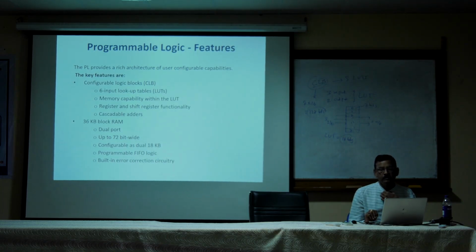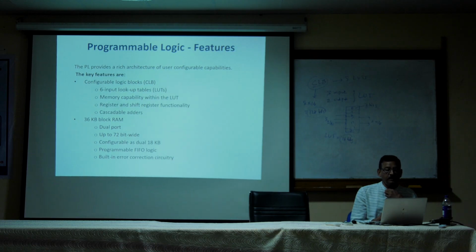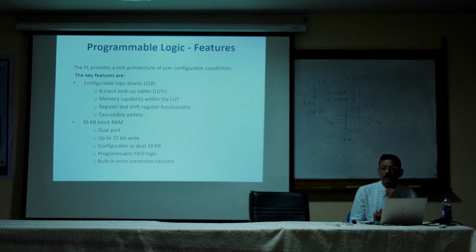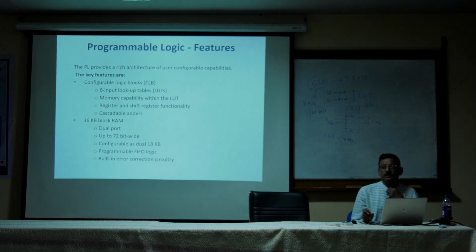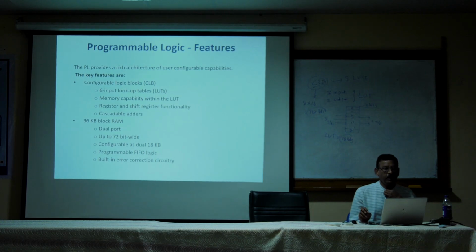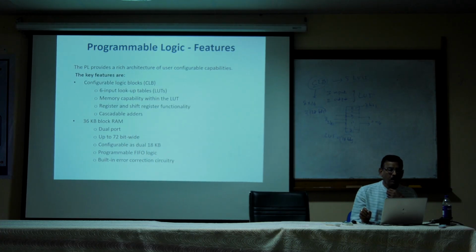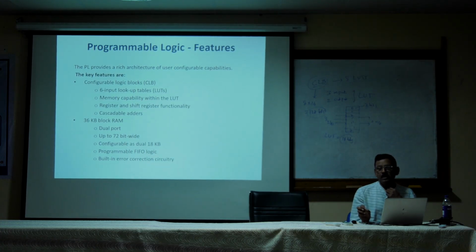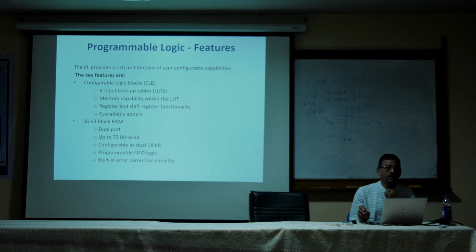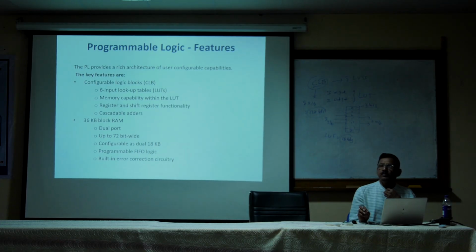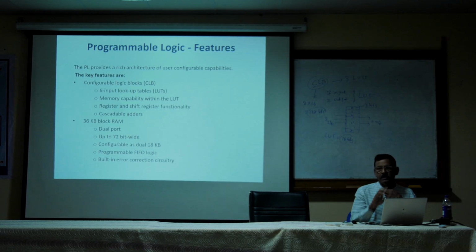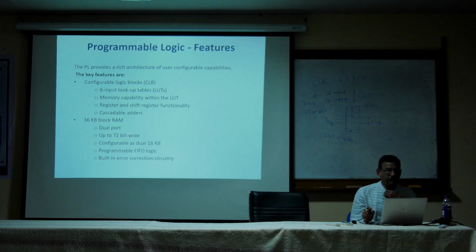Then register and shift register functionality, that means each LUT we can also convert into a shift register. And cascadable adders, for example ripple carry adder type, suppose you want to implement a 32-bit or 64-bit adder. That cascading logic is automatically cascaded. Cascadable adders we can create with the help of the LUTs.